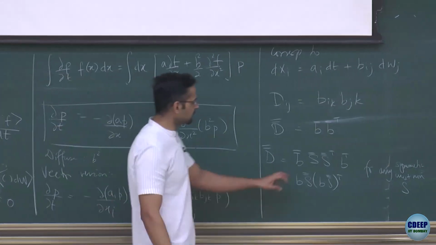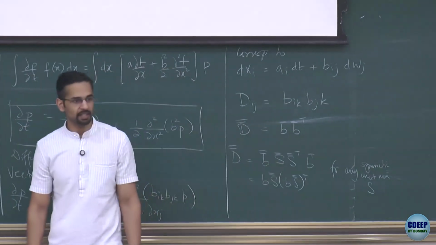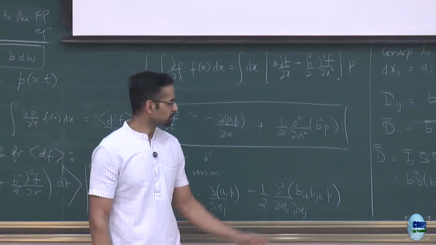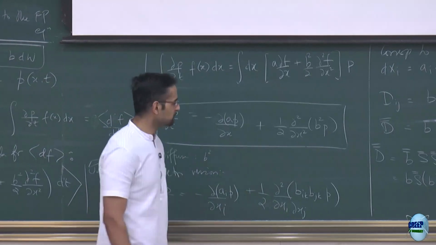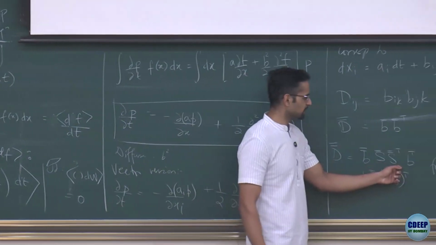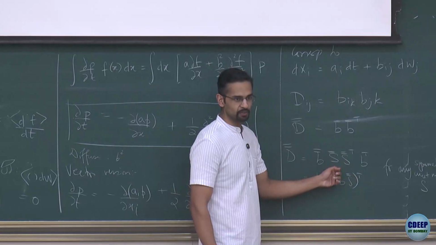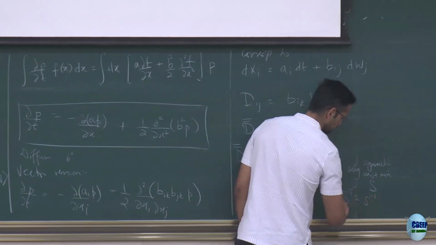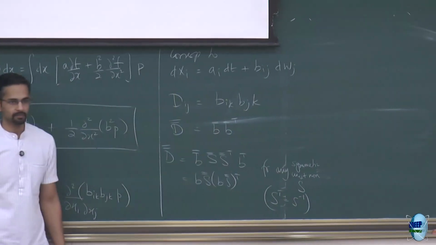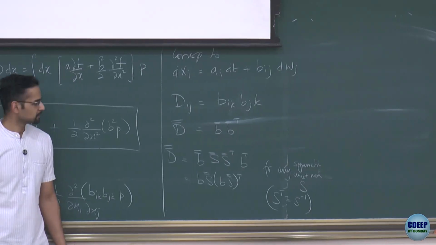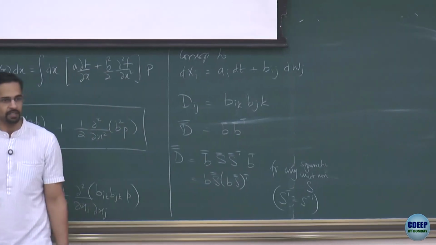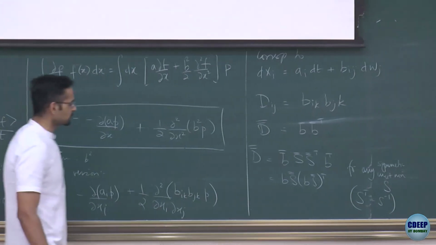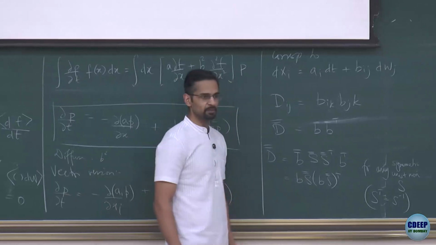So in other words, I can introduce any intermediate tensor S, right, which is a rotation matrix. So that is the meaning of those properties, right? So if S is symmetric, then S transpose is the inverse of S, right? So in other words, S transpose is equal to S inverse. Right? So this is a rotation matrix in terms of physical understanding, right? And that will give me the same diffusion.